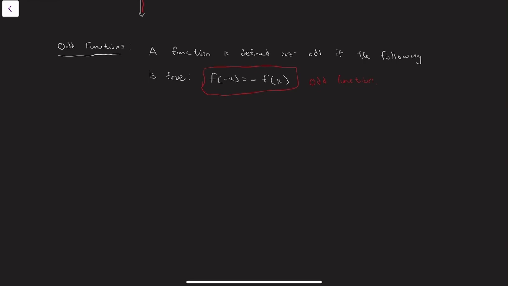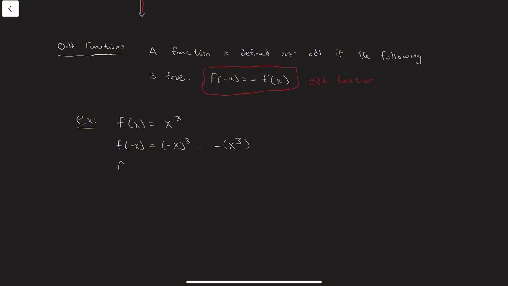So let's look at some examples of odd functions. f of x is equal to x cubed. So if we plug in f of negative x, we see that we obtain negative x cubed, which is just equal to negative x cubed.